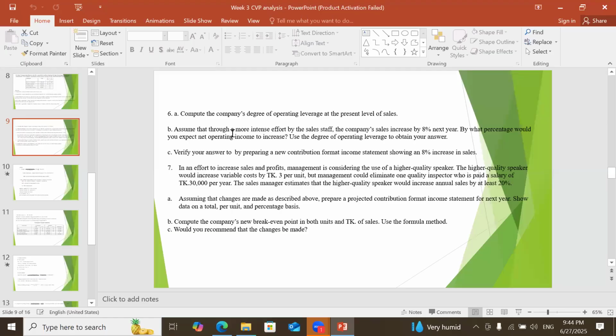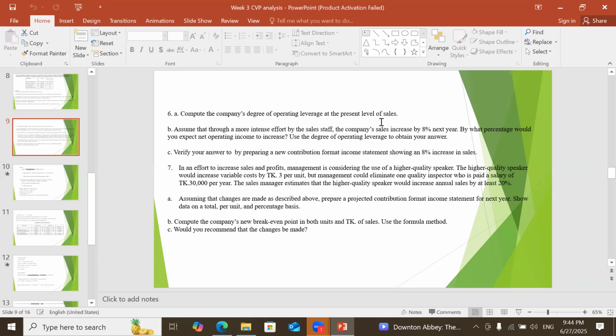Assume that through a more intense effort by the sales staff, the company's sales increase by 8% next year. By what percentage would you expect net operating income to increase? If sales increase, you have to apply the DOL, degree of operating leverage.